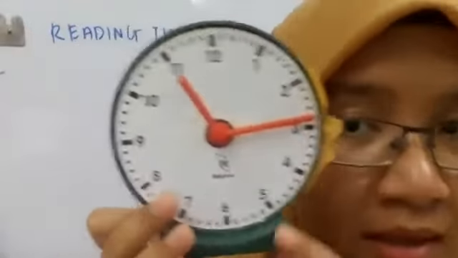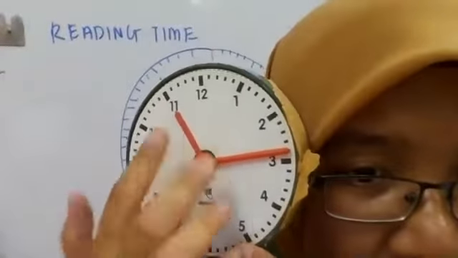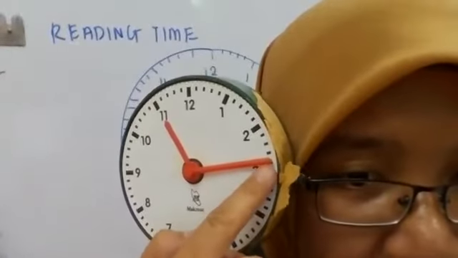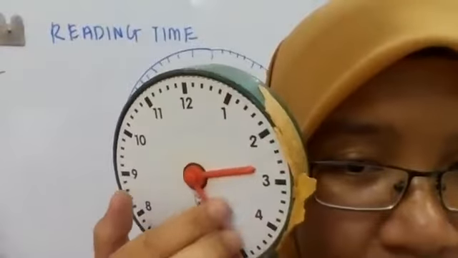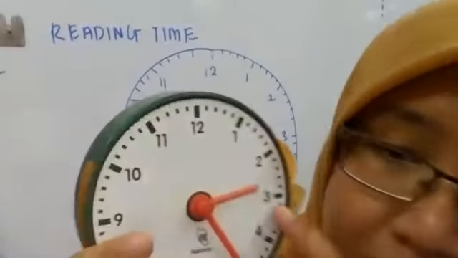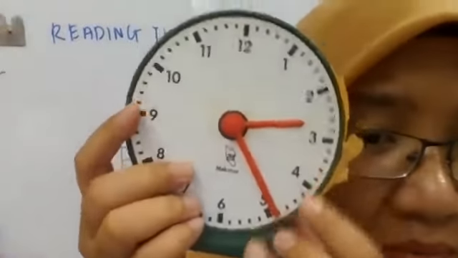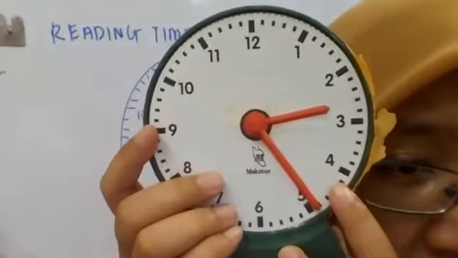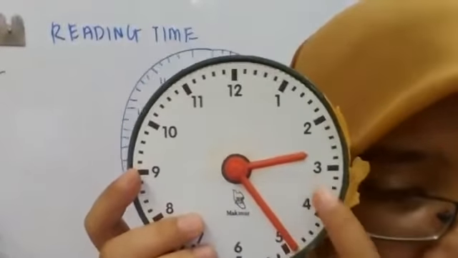Is it 11, 3, or 11, 3, 1, or this one, for example? Is it 3 here, or maybe here, 41, 2, 3, 4, 43, 44?